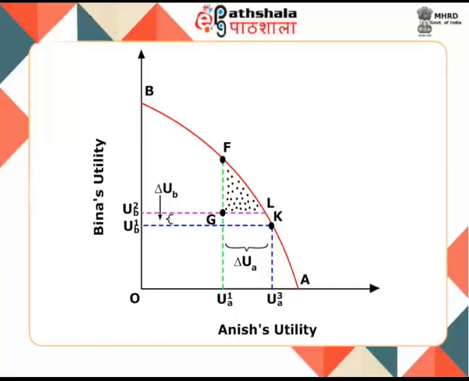Points F and L are not inefficient as any improvement in Pareto sense is not possible over these points. Generalizing this to all the points of Pareto frontier, we may say that all the allocations on Pareto frontier are efficient or Pareto optimal and the allocations below the Pareto frontier are inefficient.